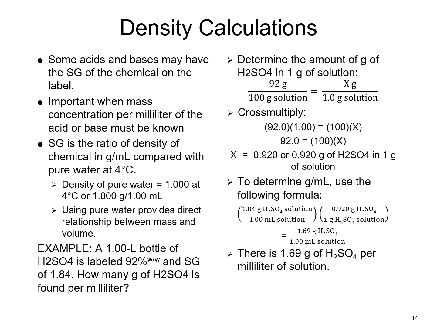So we need to do an additional calculation to determine the grams of sulfuric acid in that 1 ml of solution. We plug in the values we already know, and once we do those calculations, we come to a conclusion that there are 1.69 grams of sulfuric acid per ml of solution in this particular bottle.